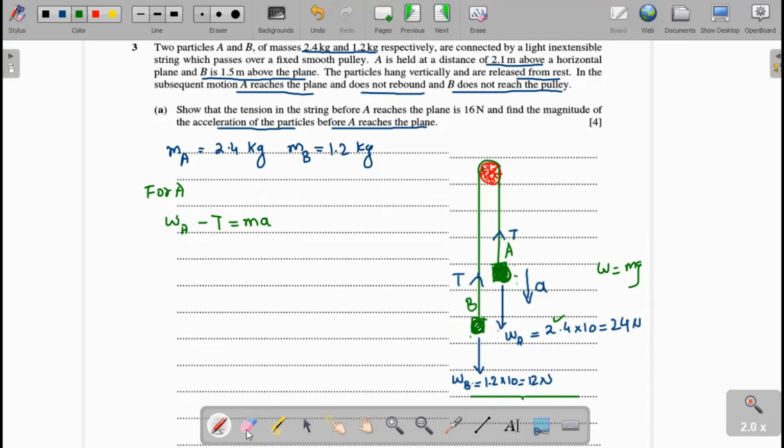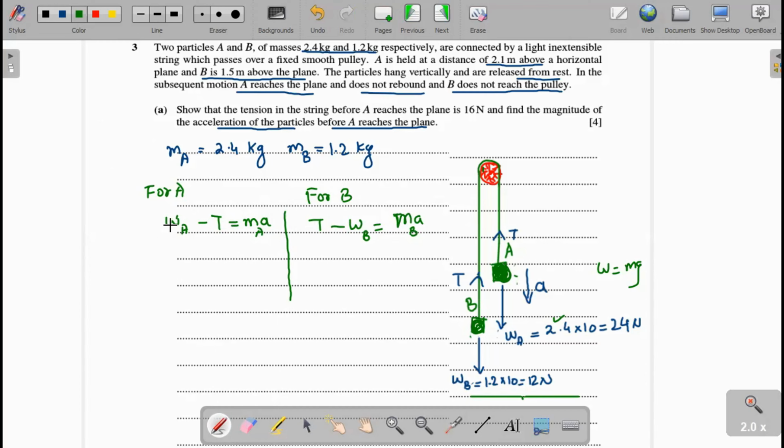And same for particle B, we see that the upward force is greater than the downward force. Therefore, T minus WB will be equal to the net force, that is equal to mB a.